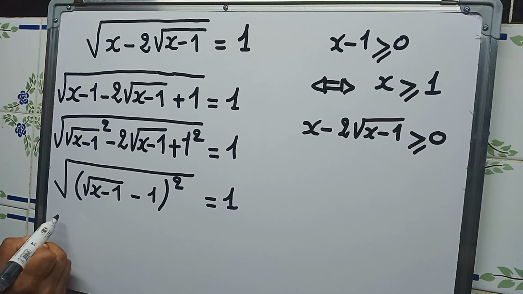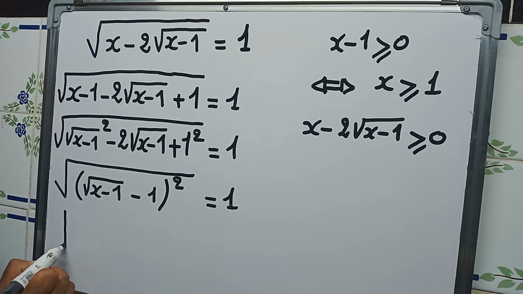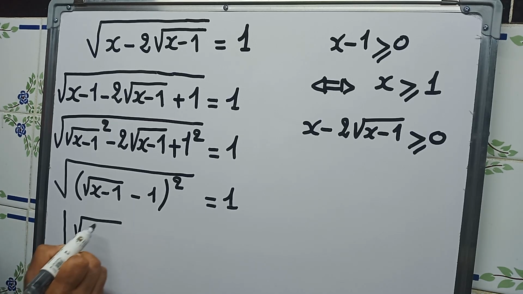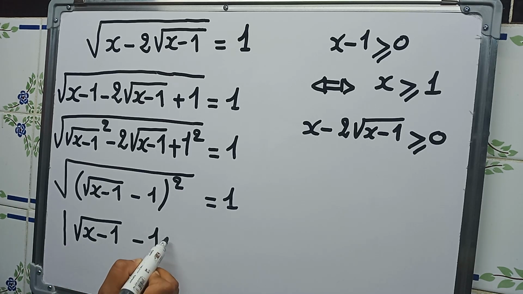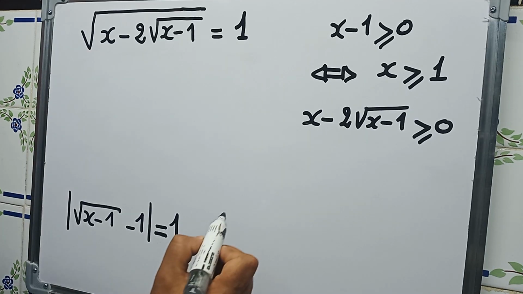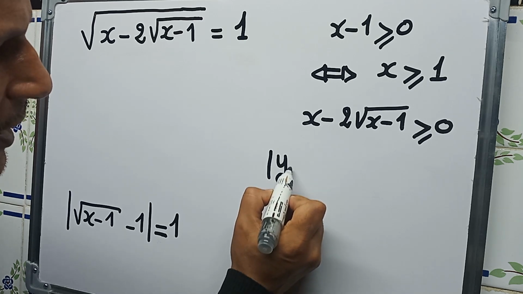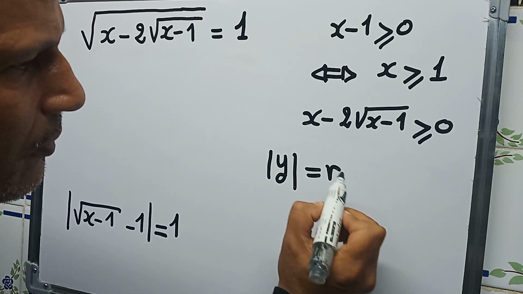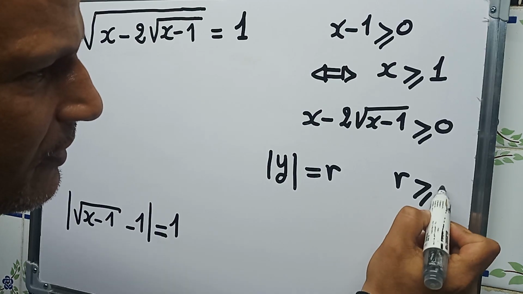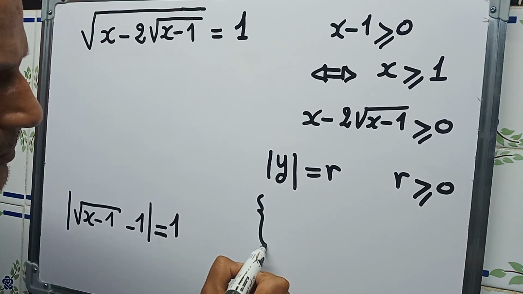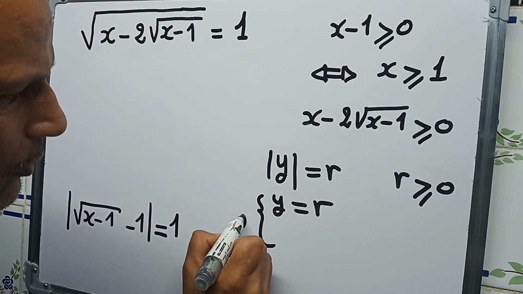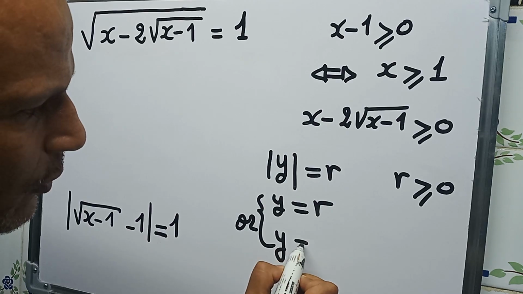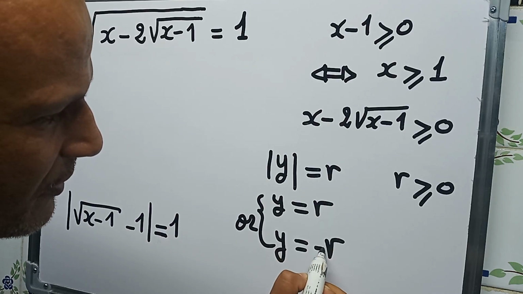So from here we have this number is equal to the absolute value of square root of x minus 1 minus 1 is equal to 1. And we know that the absolute value of y is equal to r, with r a non-negative number, means that y is equal to r, or y is equal to minus r.